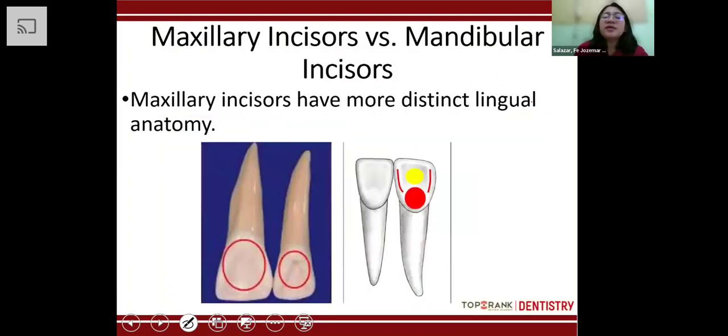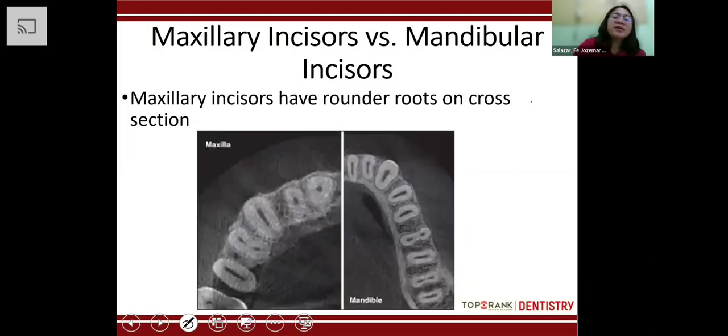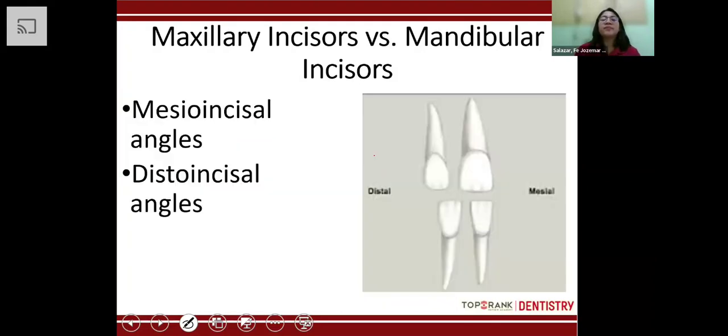Okay. Maxillary incisors have more distinct lingual anatomy. They have the same components: marginal ridges, cingulum, lingual fossa, incisal ridge, but they are more pronounced in the maxillary incisors. Maxillary incisors have rounder roots on cross-section than your mandibular incisors.